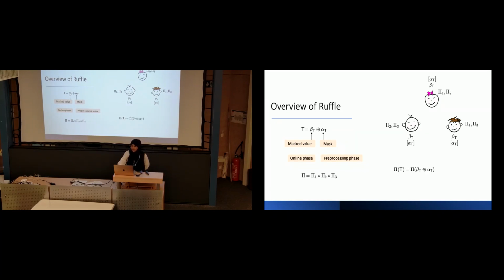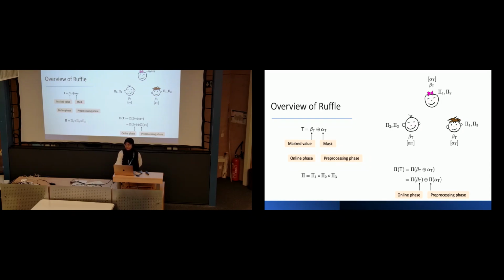So this is nothing but pi applied on the beta XORed with the alpha component. And we can now distribute pi on the beta and the alpha component. And if you notice, alpha as well as pi is independent of your input, and thus shares of pi of alpha can be generated in the pre-processing phase. And once the input is available in the online phase, you can generate shares of pi of beta. And because beta is available in clear to all the parties, we leverage this fact to design an efficient online phase.